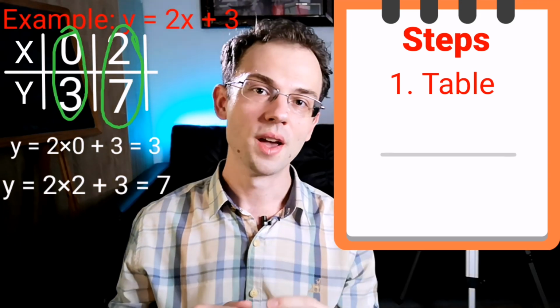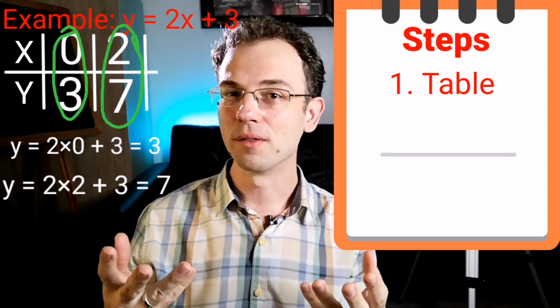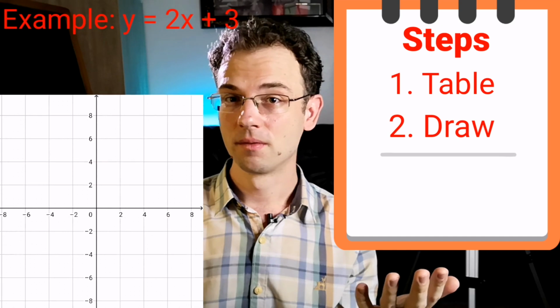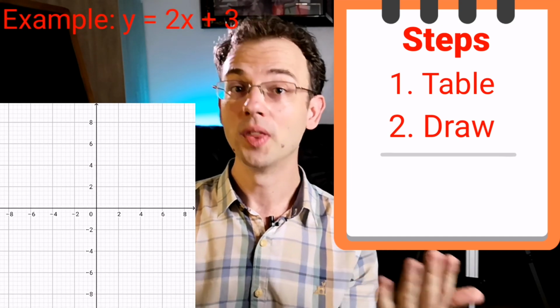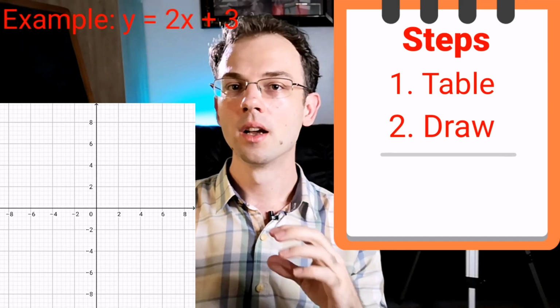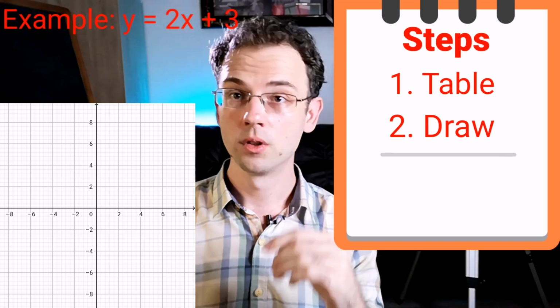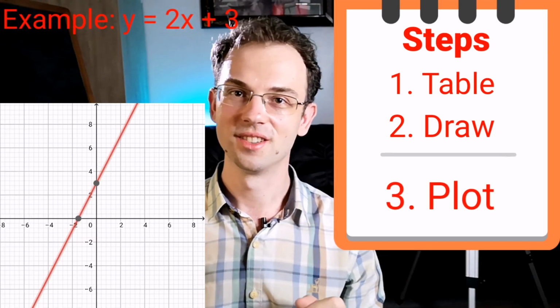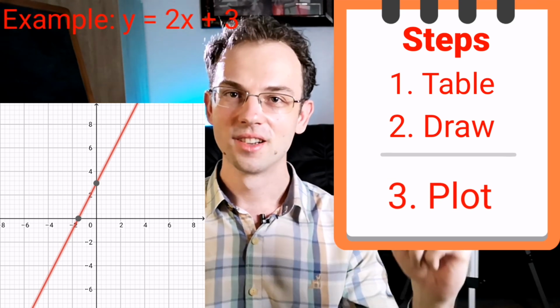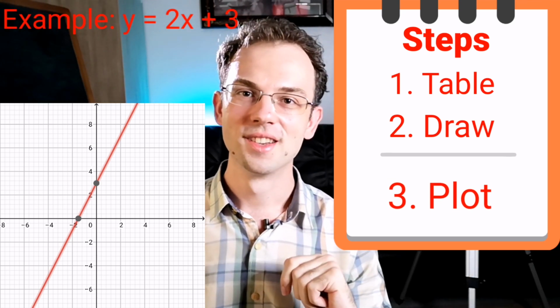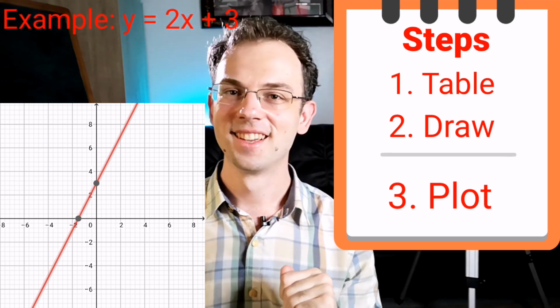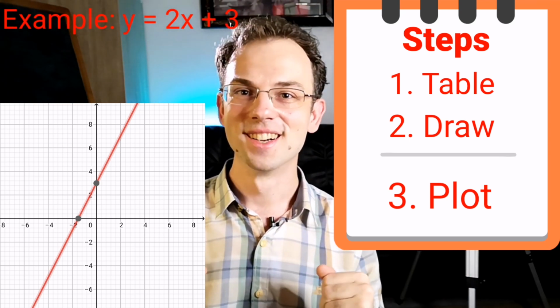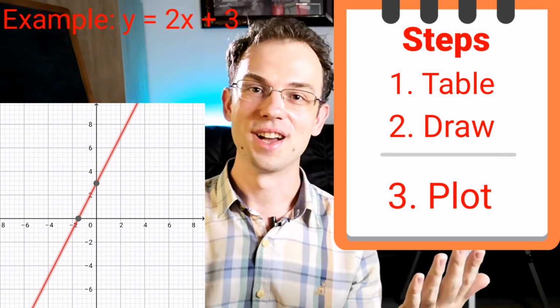After this, you have to choose a suitable scale for your graph. And you draw a graph with this scale. After this, you have your graph, you got your points. All you need to do is plot the points on your graph, connect the points with the right lines, and here you are. You got the graph of your function.